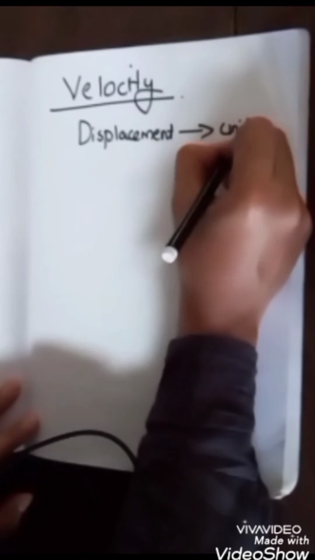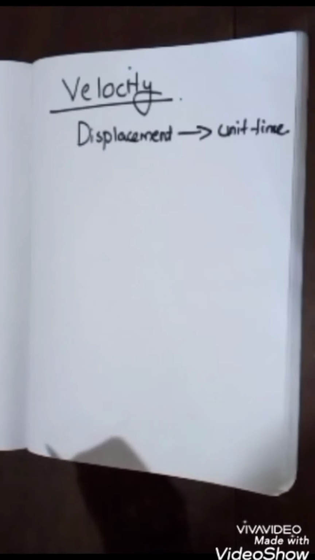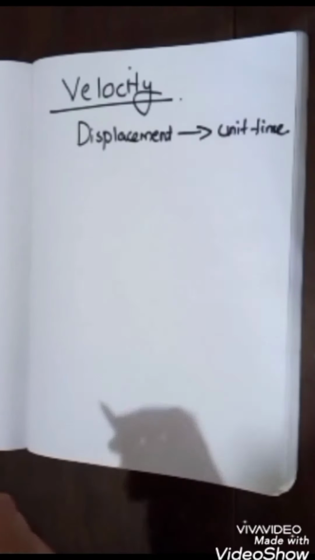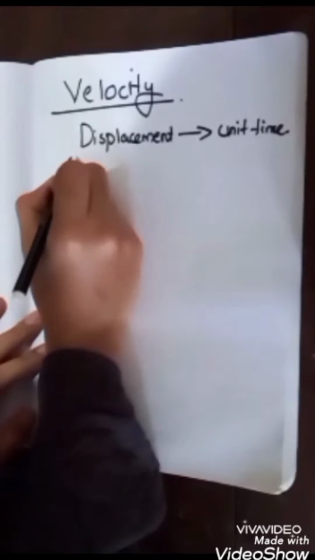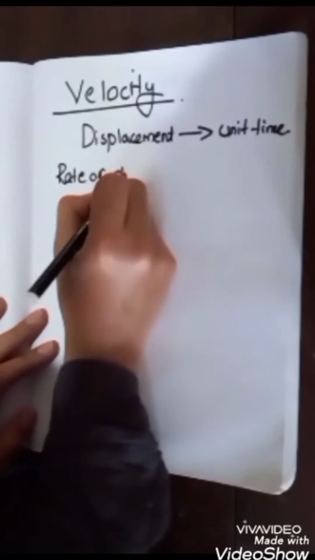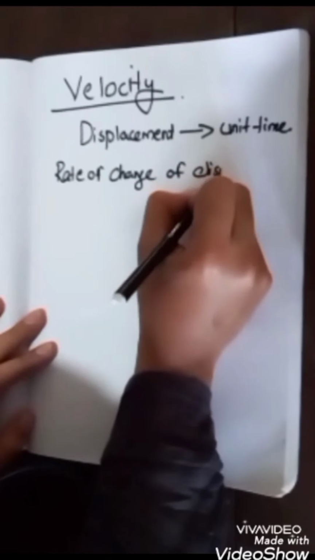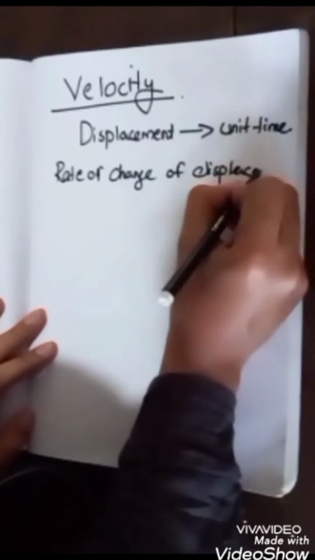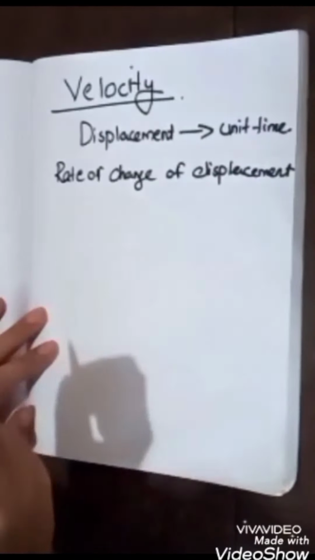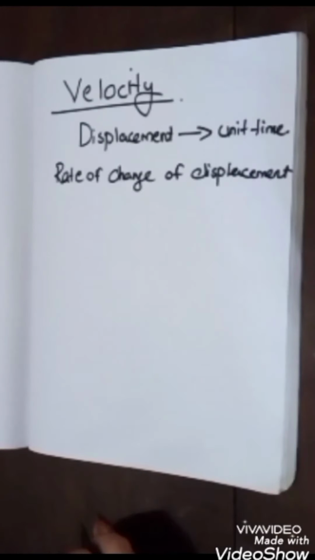That is, velocity of an object is the rate of change of displacement.